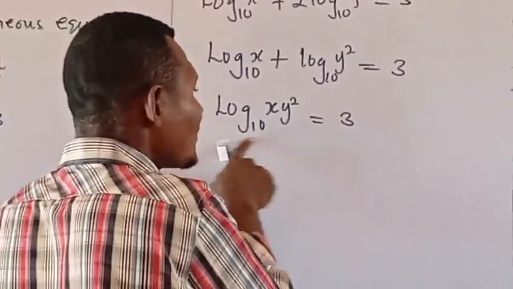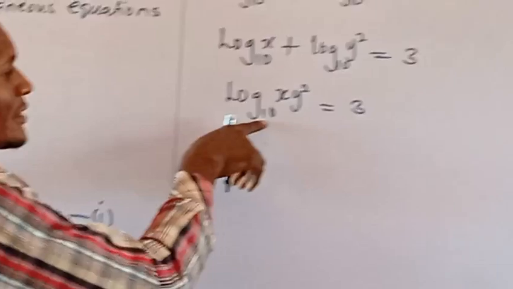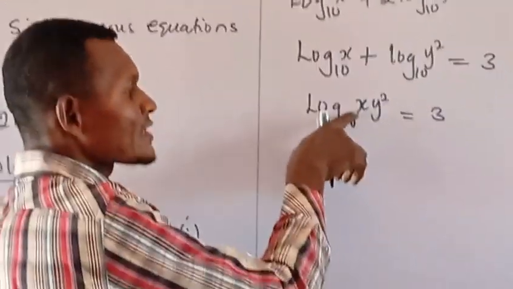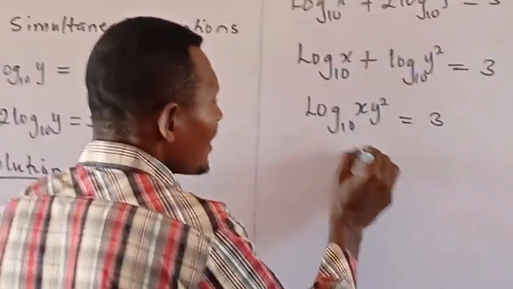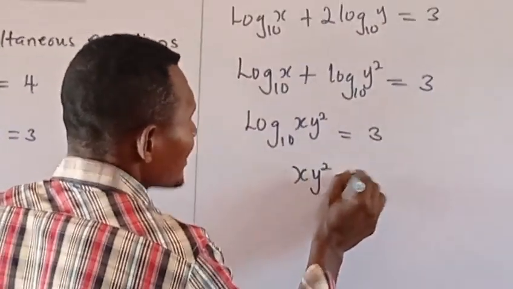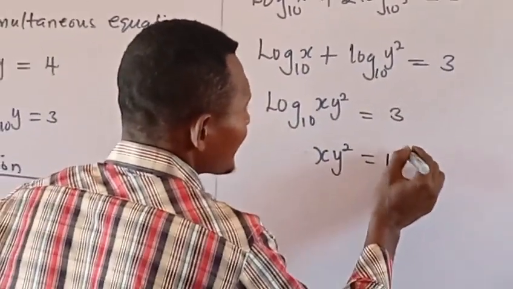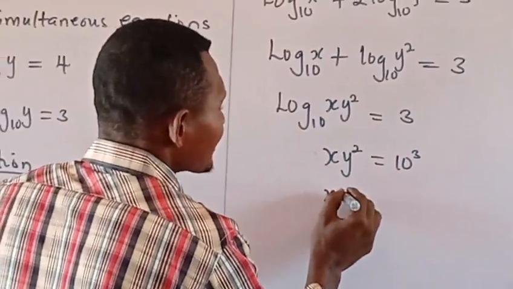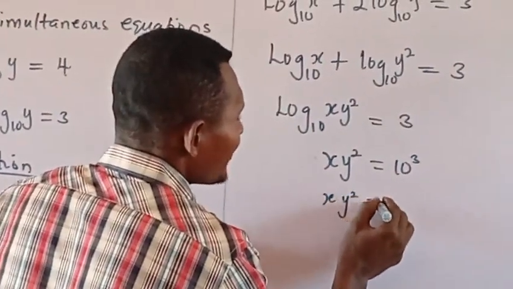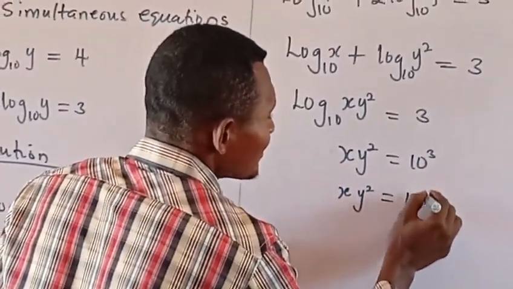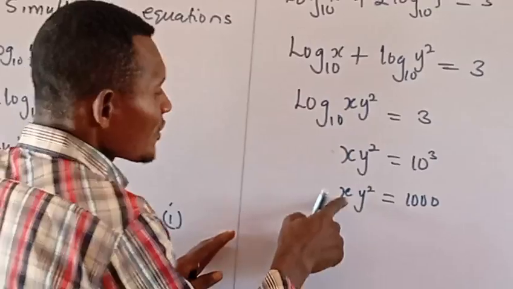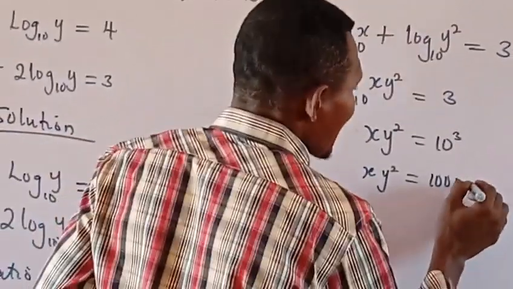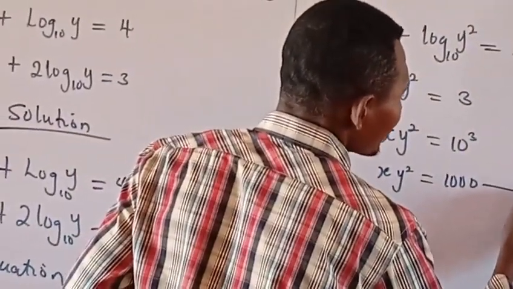So we apply the same law again here, because the base must be raised to give us xy squared, so x y squared is equal to 10 raised to the power 3. x y squared will be equal to 10 to the power 3, which is 1000. So from this one I can have it as equation 4.